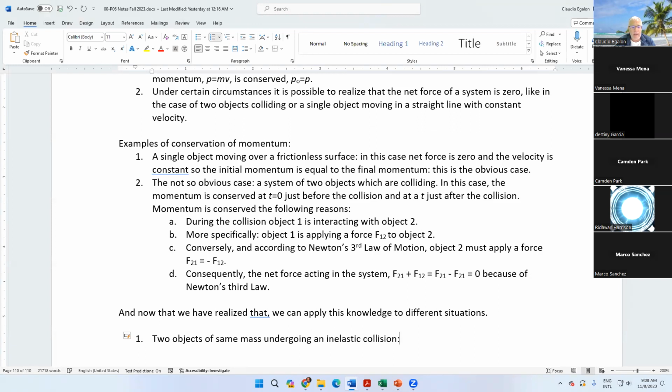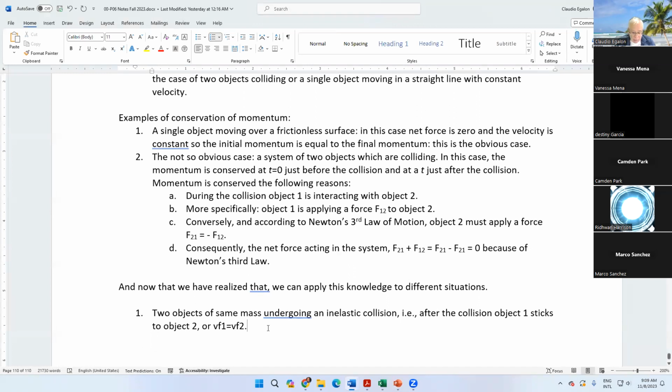In the case of an inelastic collision, one object sticks to another, i.e., after the collision, object 1 sticks to object 2. In other words, V final of 1 must be equal to V final of 2. Make sense? That's a very special case, not the most generic one, but it's still very important.